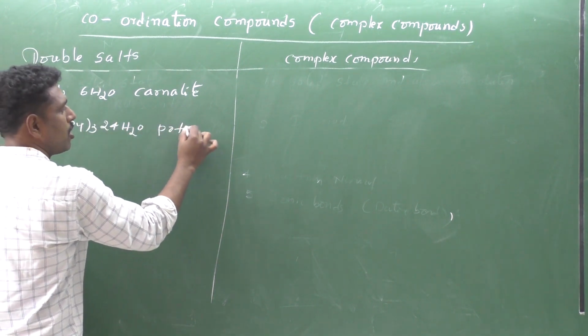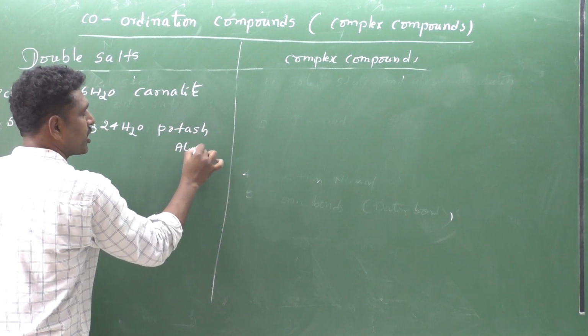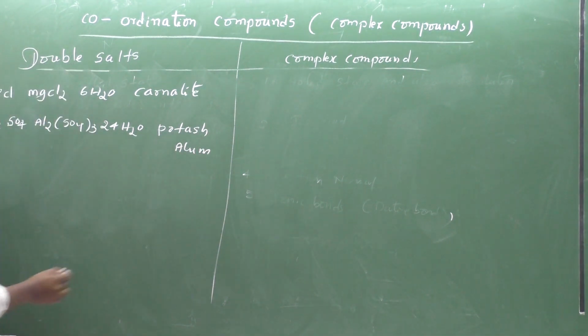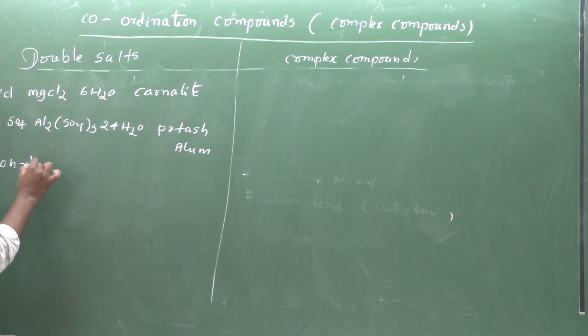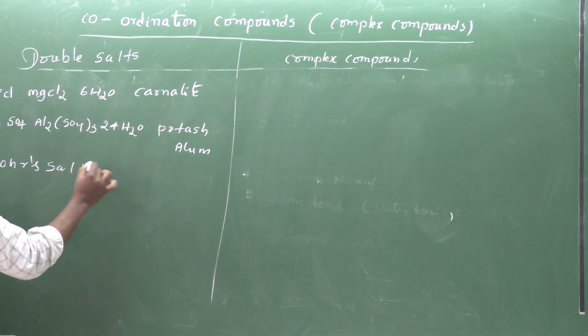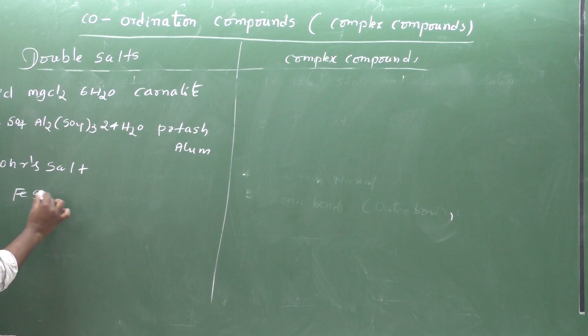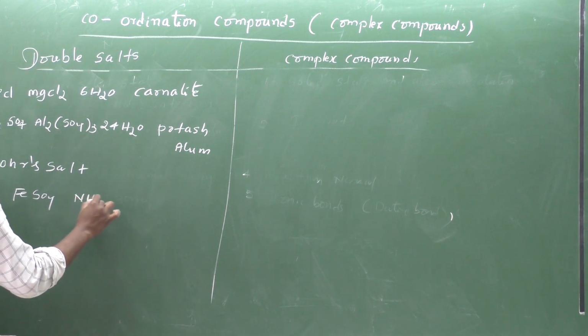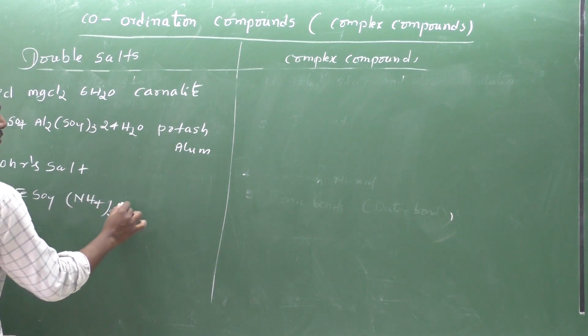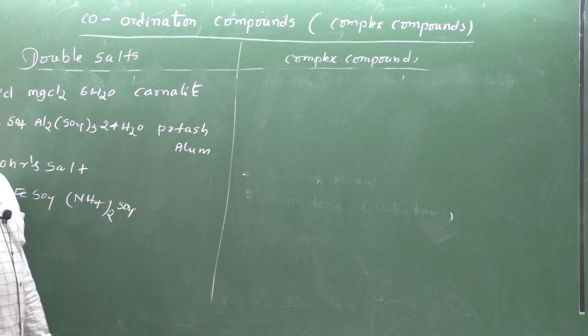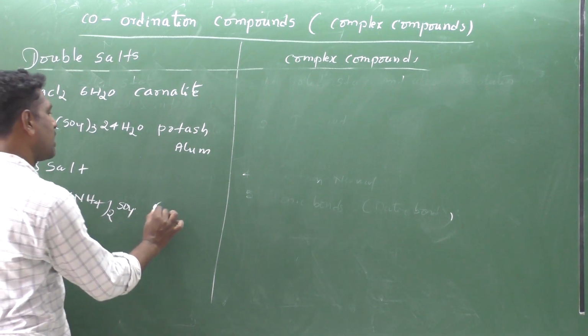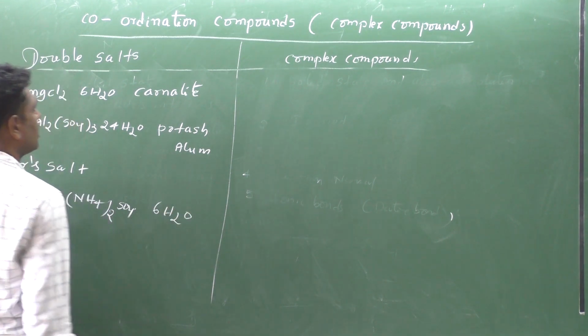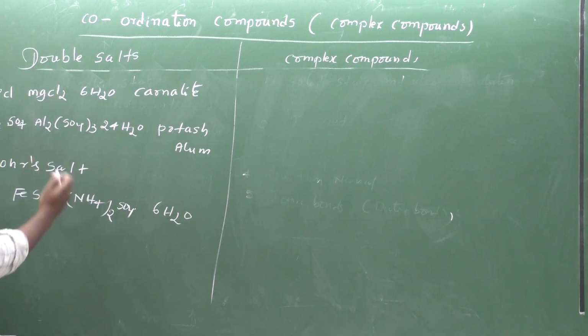It is also one of the double salts. Next one, Mohr's salt. Sometimes they will ask the formula of Mohr's salt: FeSO4.(NH4)2SO4.6H2O. These are our examples for double salts.